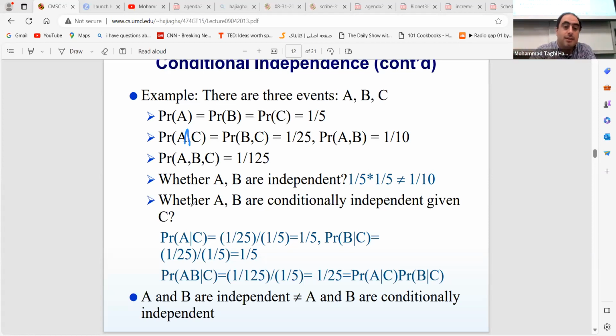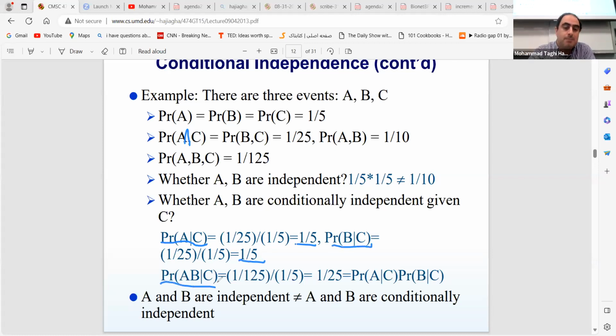However, this is the interesting thing. If you consider A and B conditioned on C, then the probability of A given C would be the probability of AC, which is 1 over 25, over the probability of C, which is 1 over 5. If you simplify, the probability of A given C would be 1 over 5. The probability of B given C, if you compute it, would also be 1 over 5.